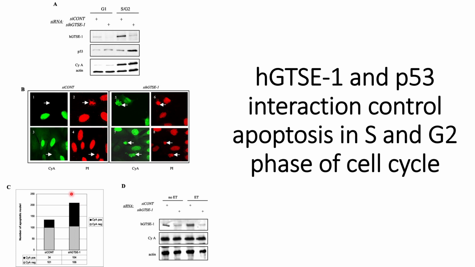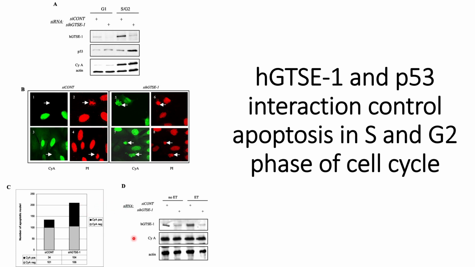That means these apoptotic cells are mainly from S and G2 phase, and this is in line with our understanding that hGTSE and p53 work mainly in the S and G2 phase of the cycle. That's why the knockdown of hGTSE results in more apoptotic cells in the S and G2 phase.